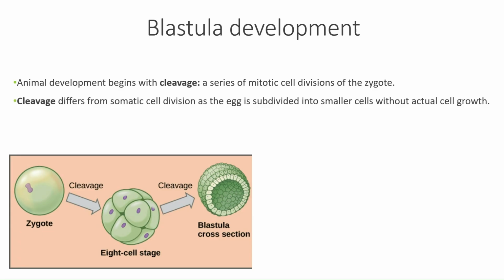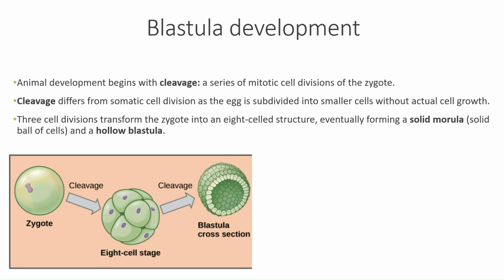After 3 rounds of division, the embryo reaches the 8-cell stage. Continued cleavage produces a solid ball of cells called the morula. As divisions continue and fluid accumulates inside, the embryo becomes a hollow sphere known as the blastula.